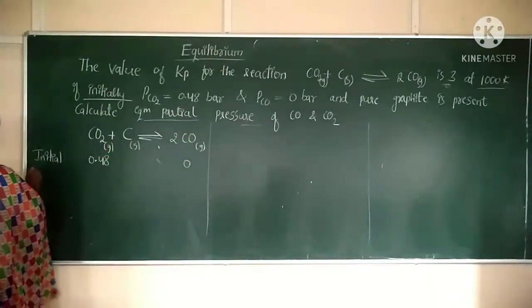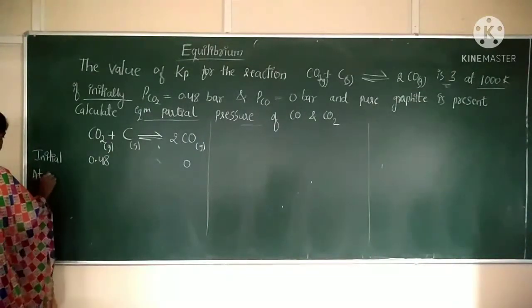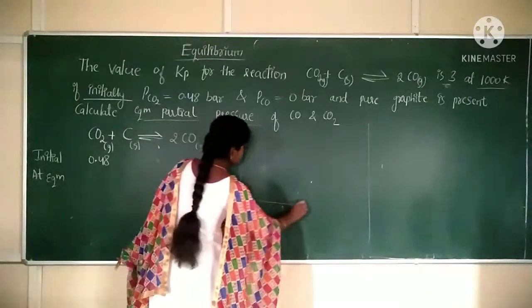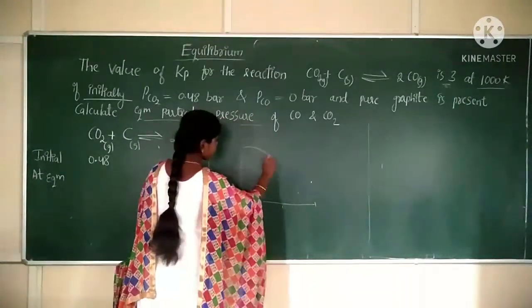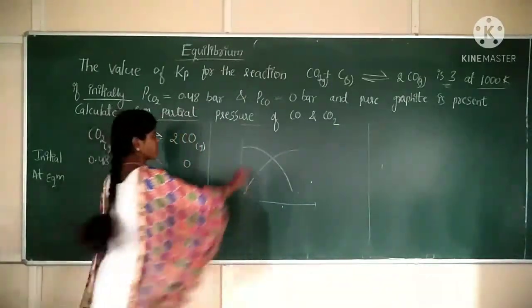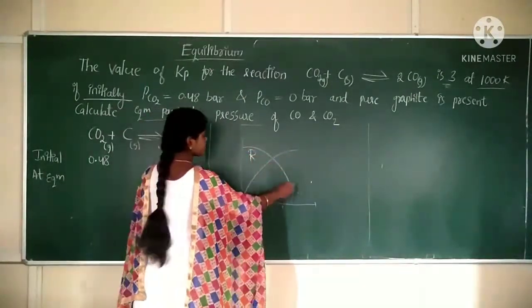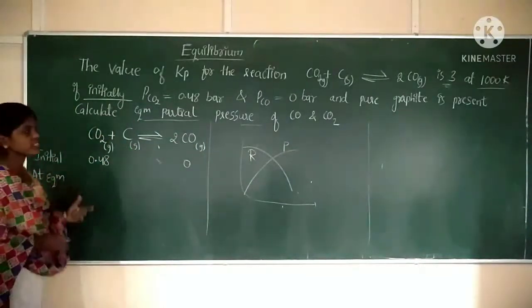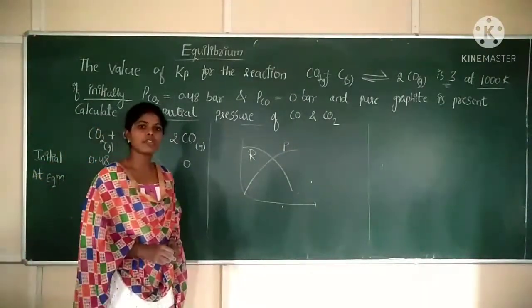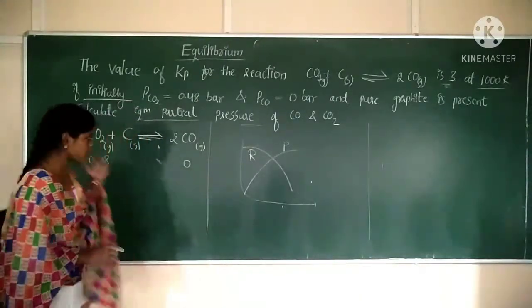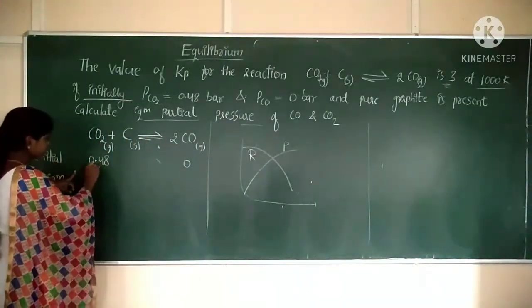Next, at equilibrium, what happens? As the reaction proceeds, concentration of reactant decreases and concentration of product increases, correct? Now take the decrease and increase in number of moles as x.